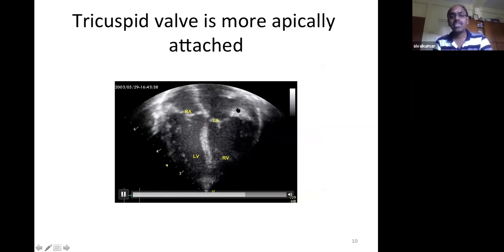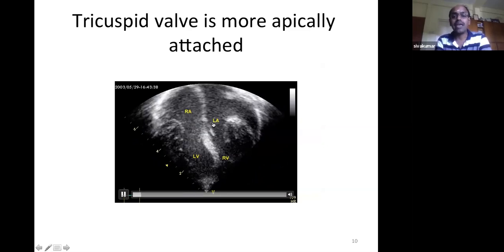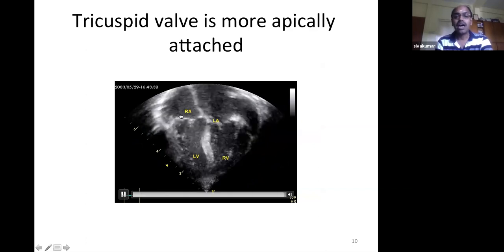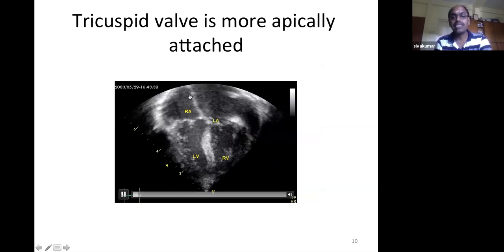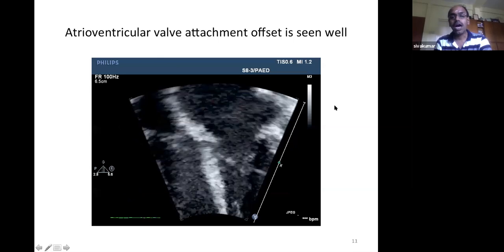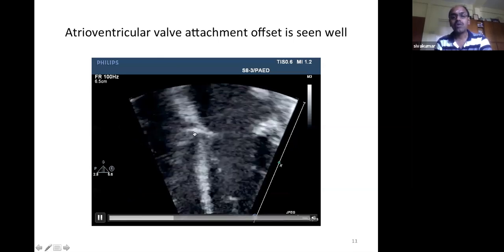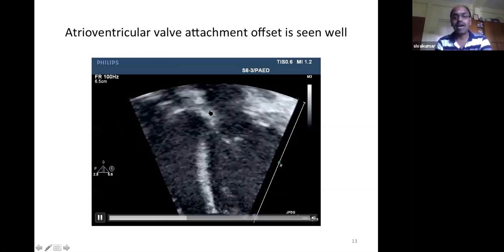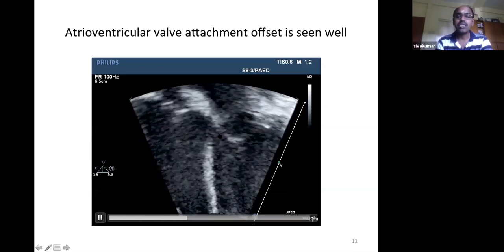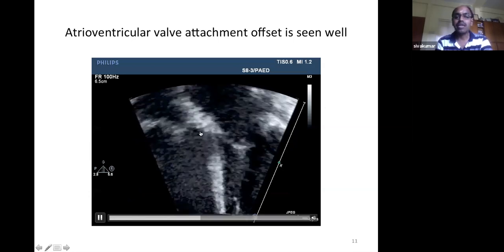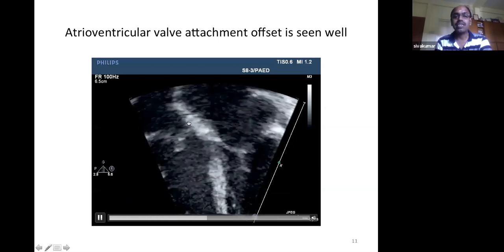We can appreciate the tricuspid valve always apically more attached and the mitral valve being basally attached. And in case there is a doubt, you can zoom onto that AV valve annular area. You can appreciate the tricuspid valve is clearly apical and the mitral valve is clearly basal.